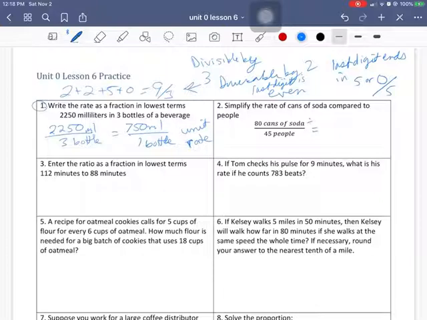Okay, so that means 80 divided by 5 and 45 divided by 5. That's 16 cans per 9 people. People. Wow. Sorry. People. There we go.